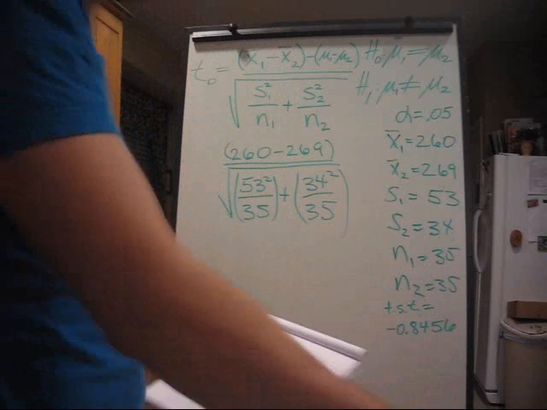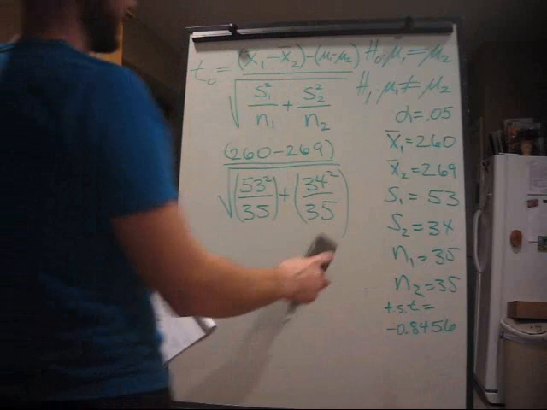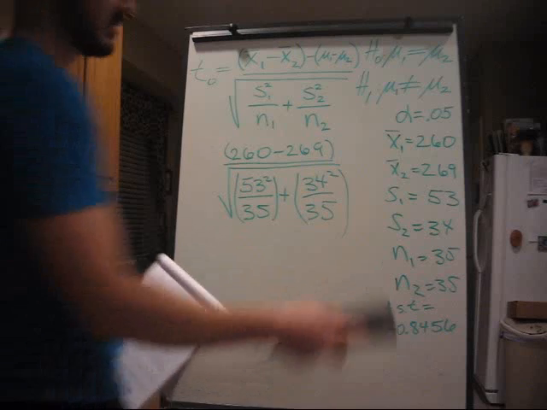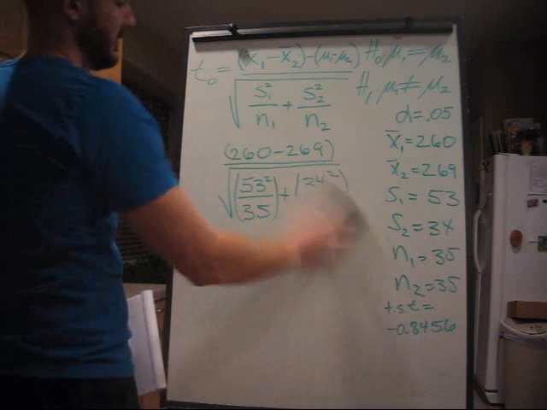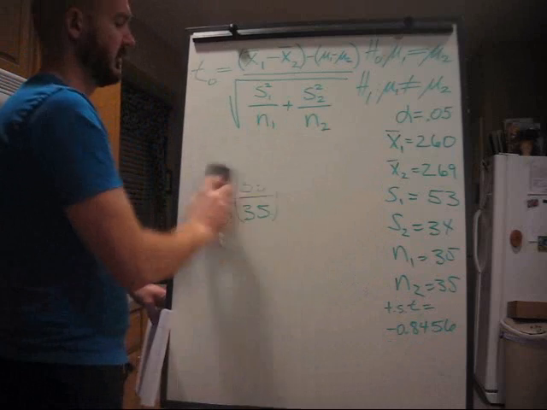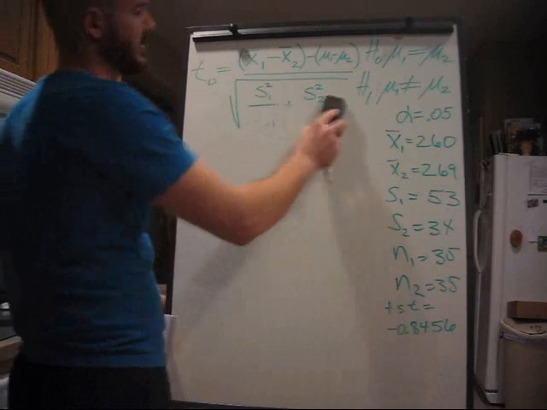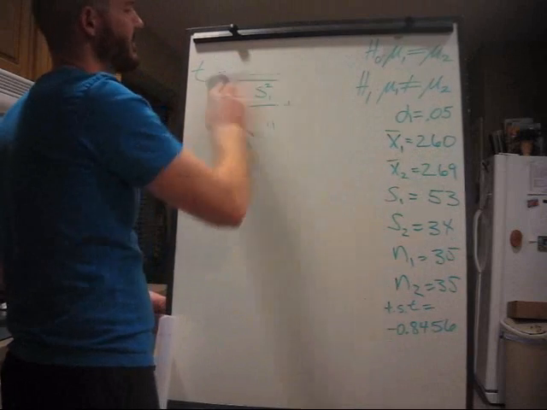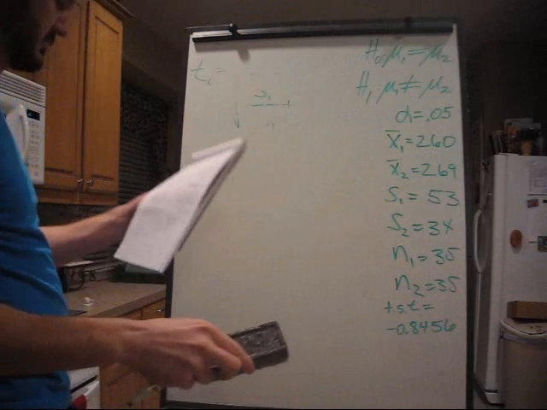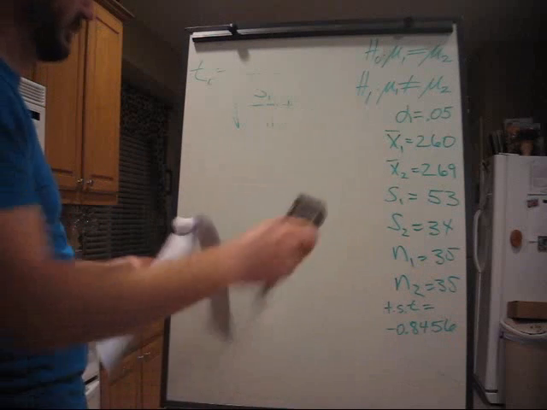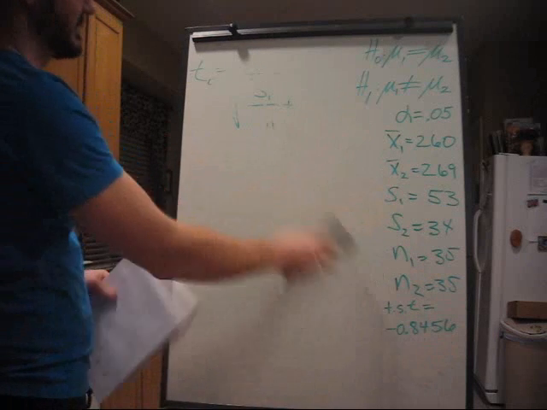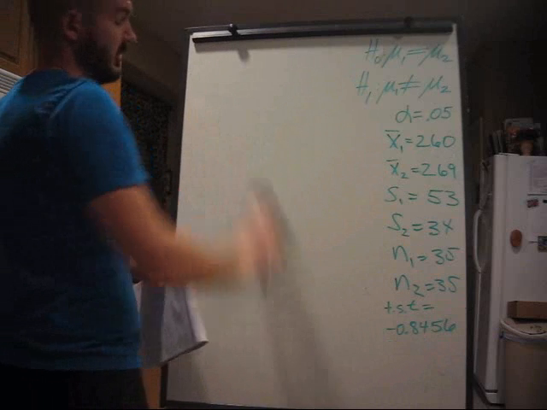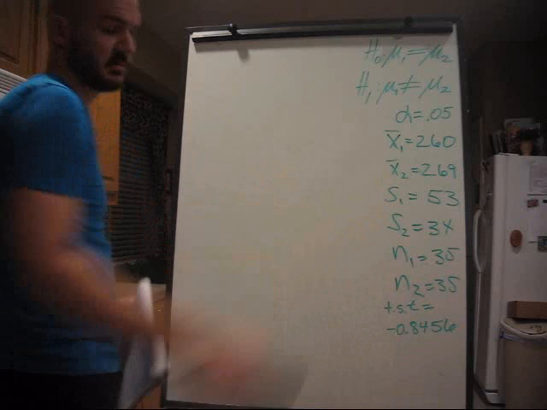Now, there's a way to do that in the calculator if you don't want to do all this, which you probably don't, but I suggest doing both ways to check your answer. If you go into the calculator under stat tests, it is 2-sample t-test. It's going to ask you for all this business. Put it in, calculate, and make sure you do it for stats, not data.